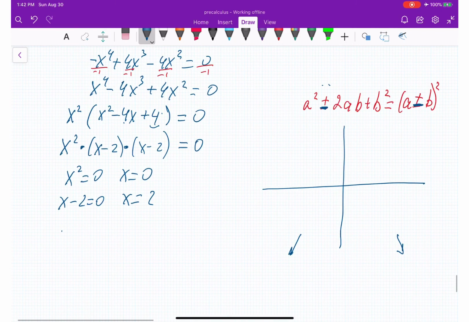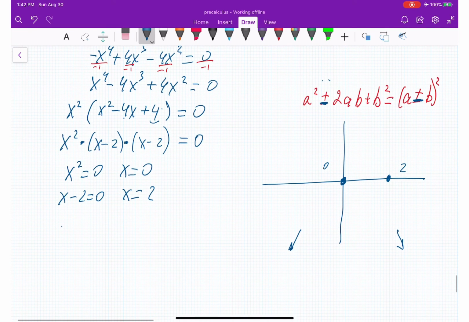What do we have? We have x is 0, and we have x is equal 2. If you look on the graphing calculator, it's indeed going to be crossing the x-axis at the points 0 and 2, and both ends are going to be down. So it's going to look like this.